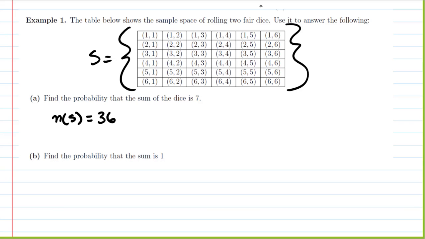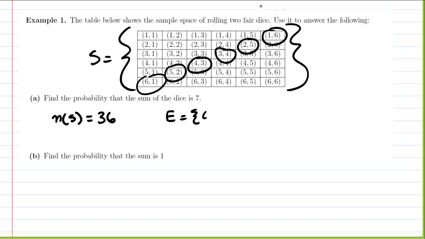Okay. And now we want the probability that the sum is 7. So if we let E be the set of events where the sum is 7, well, we found those before. They're the events that are on the main diagonal, right? So how many of those are there going to be?